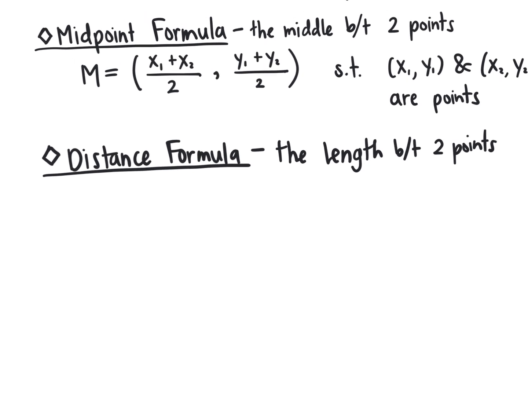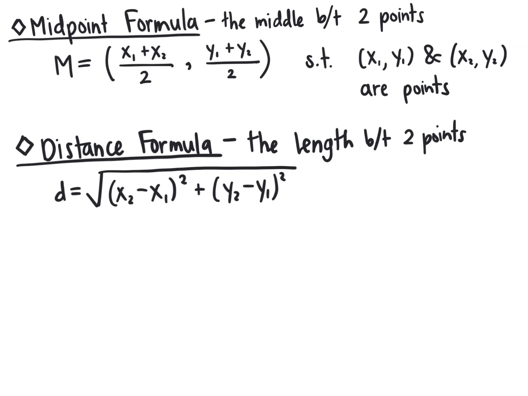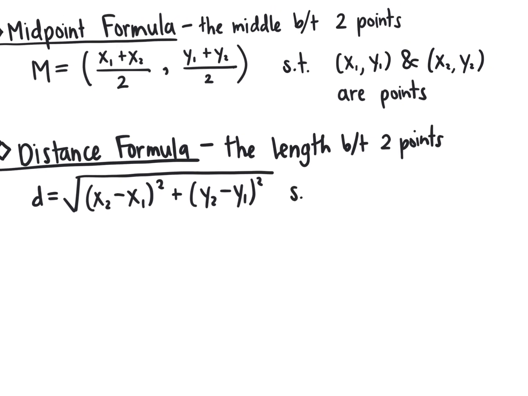The distance formula is labeled with a lowercase d, and this is the big square root of open x sub 2 minus x sub 1 closed squared plus open y sub 2 minus y sub 1 closed squared, and that square root bar goes over all of that. And again, such that x1, y1 and x2, y2 are points.